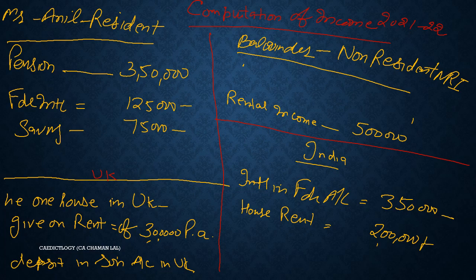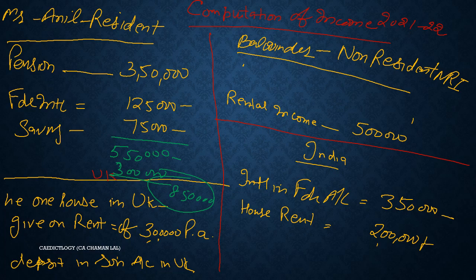Now, what is his total income? First, we compute the total income. Whether it is taxable or not taxable is another part of the work. His total income is 550,000 and add 3 lakhs for the income earned in the UK. The total income will be 850,000.